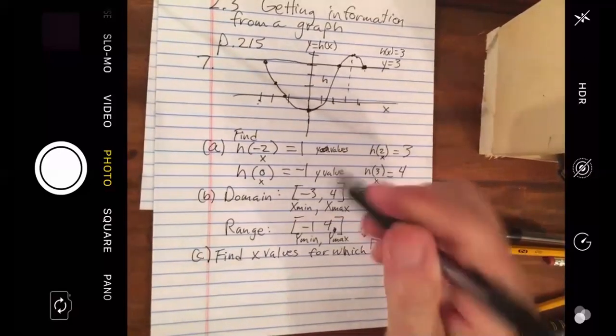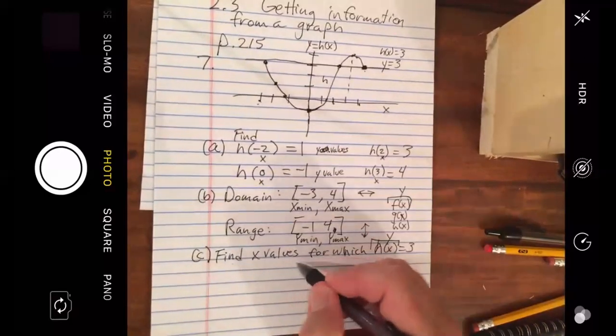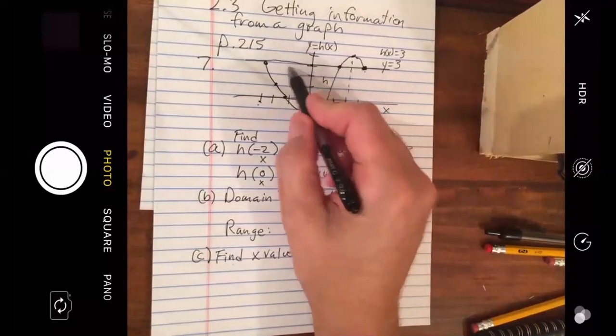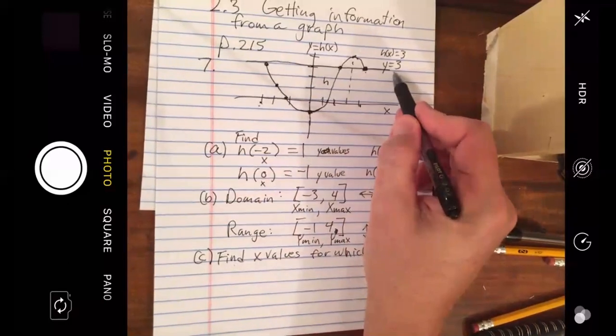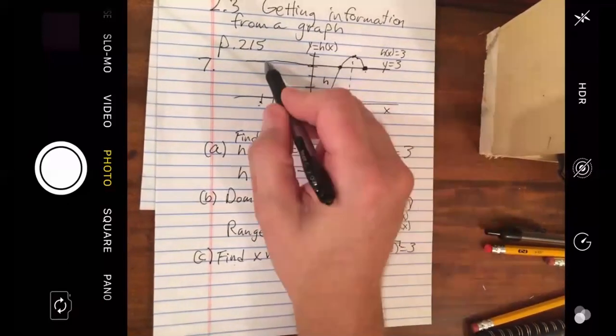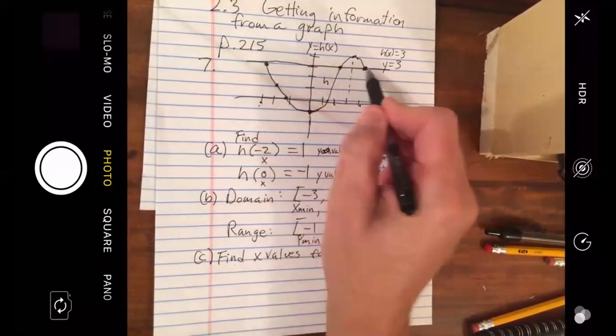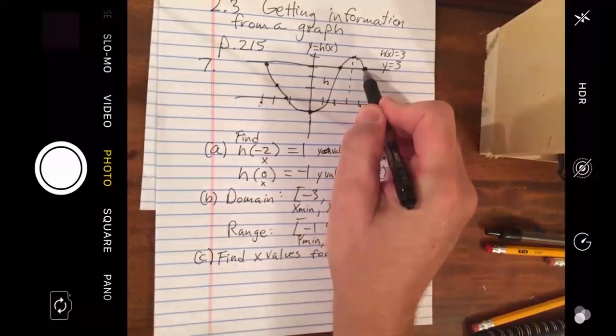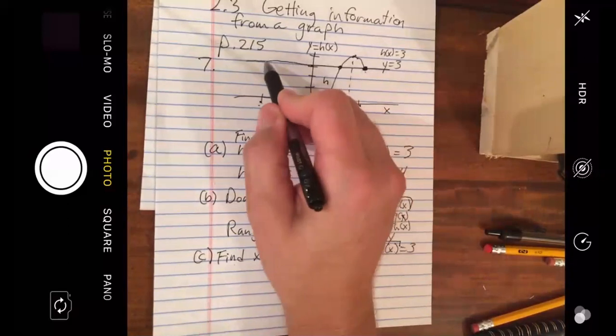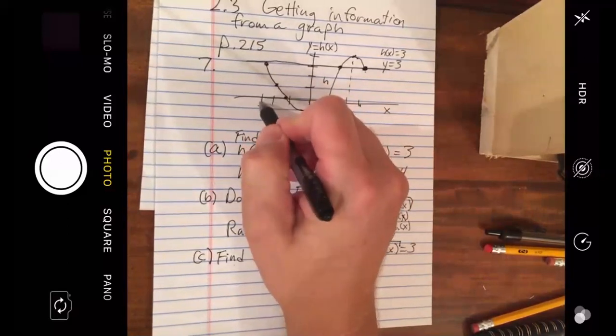So when they say find the x values, you have to come up to that line. Everywhere along that line, y is 3. The x values are going to be where it crosses the curve. You see there are 3 of them. That one's going to be at -3.